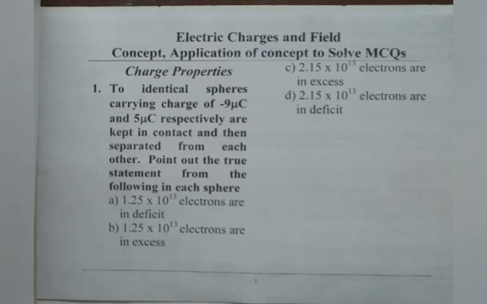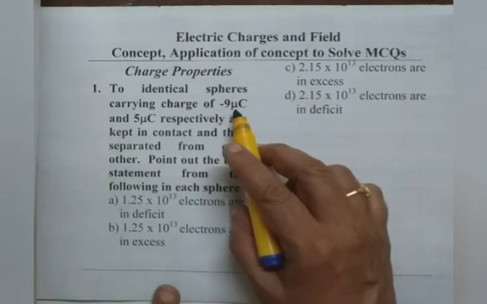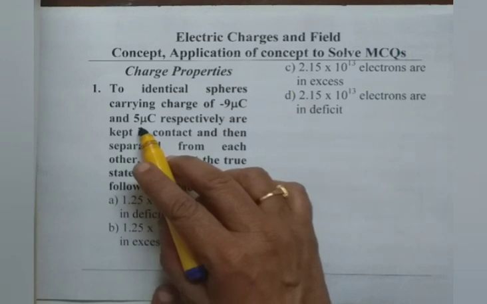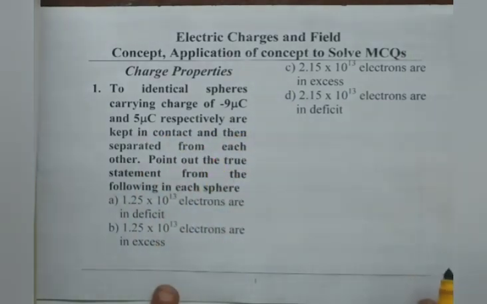Observe here, we read the question carefully. Two identical spheres carrying minus 9 microcoulomb, 5 microcoulomb are kept in contact. When they are kept in contact, charge redistribution takes place. That means additive property of the charges will come into play there.